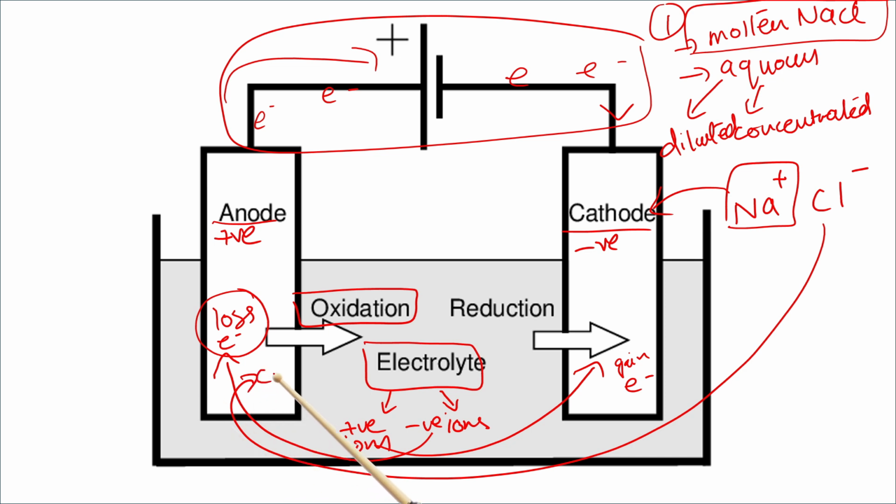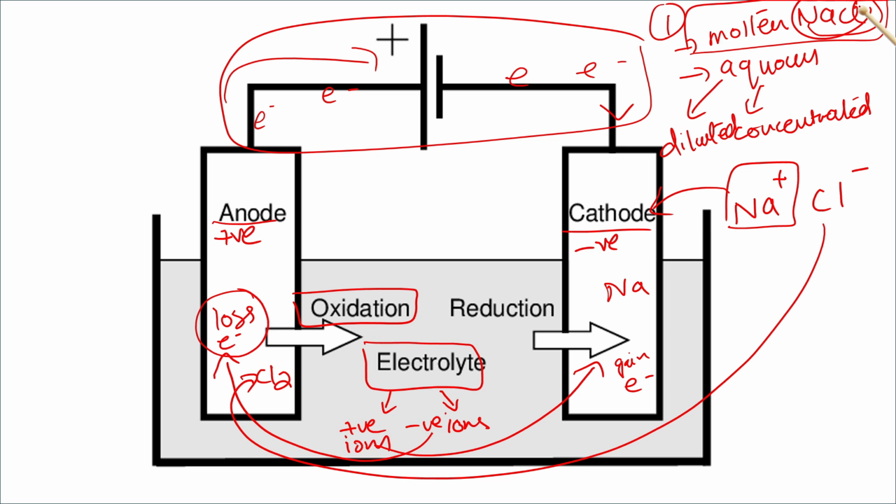And what you will get here is chlorine gas at the anode, and here a sodium metal at the cathode. Okay, I think this is clear to you. So every time you see molten, there will be two products: the positive ion will become a metal, and the negative ion usually will become a gas.